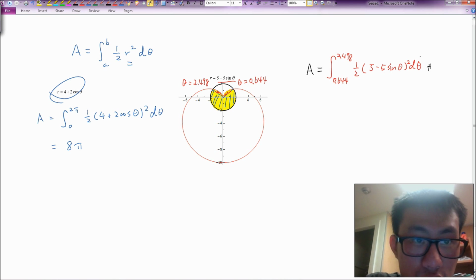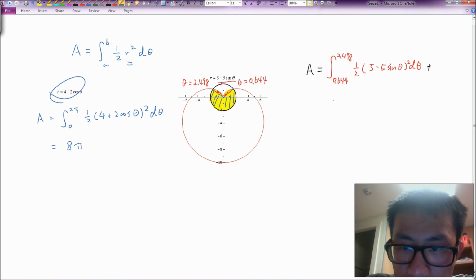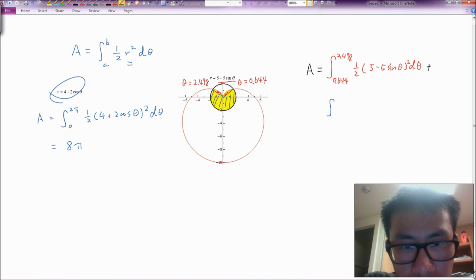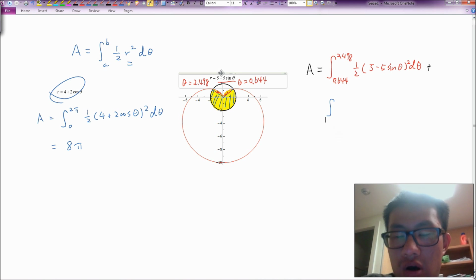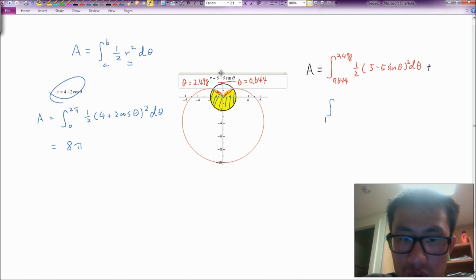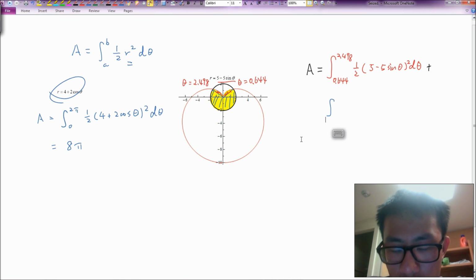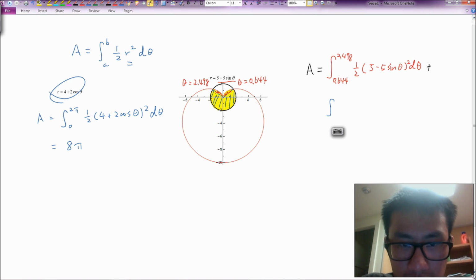plus this blue part, the integral from the lower bound. We have to be careful here. Although this is a circle, this is easy. The equation for the circle would just be the radius, which is 2. We need to be careful because it doesn't go all the way and finish the circle. It does not end at 2 pi, which is here.